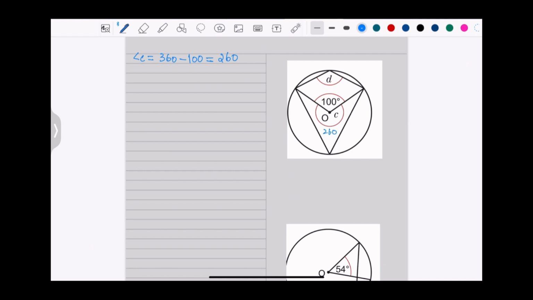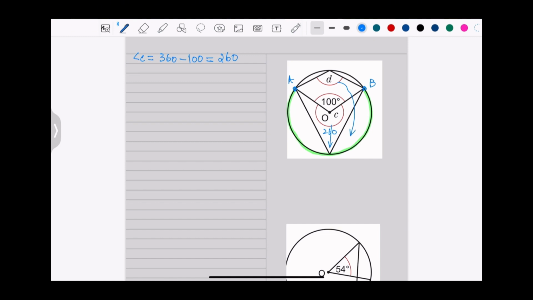Now the arc that angle C is facing at the center is this one. It's not a minor, it's a major arc. Let's call these 2 points A and B, and I can say major arc AB, as C is facing this green arc at the center, and D is facing the same arc at the circumference.